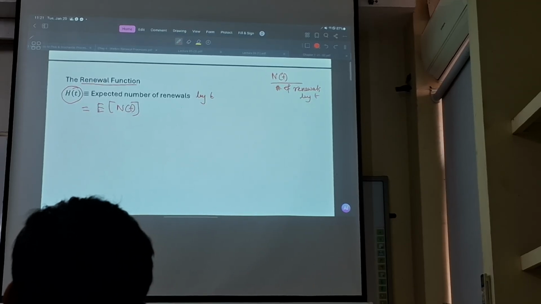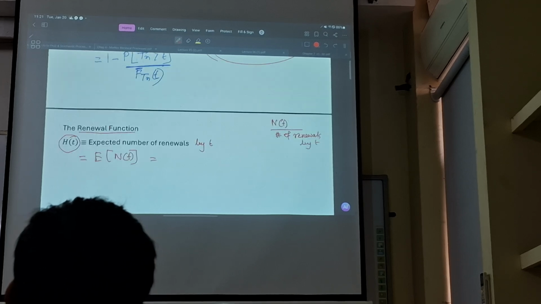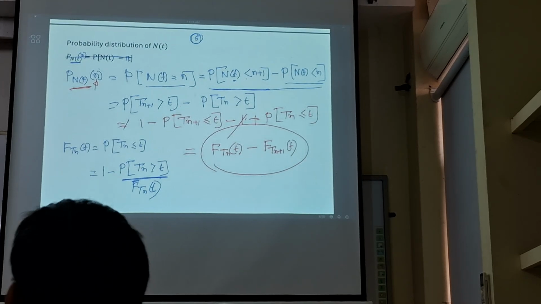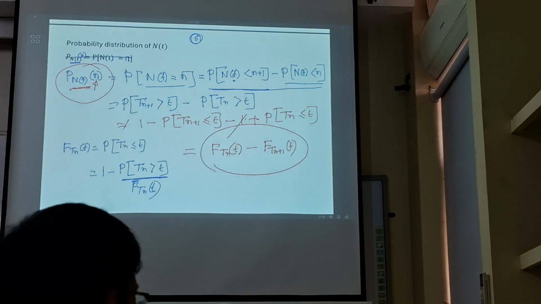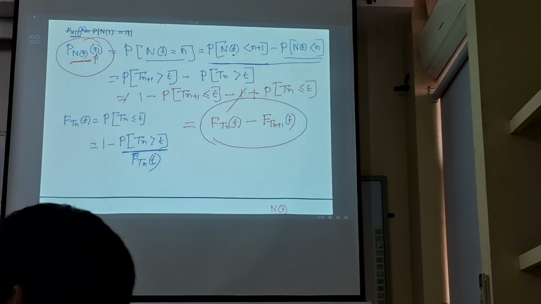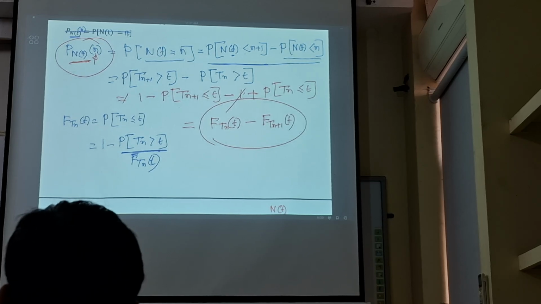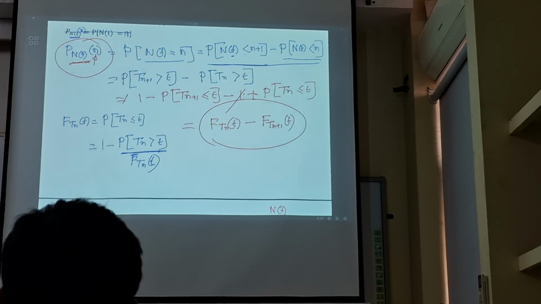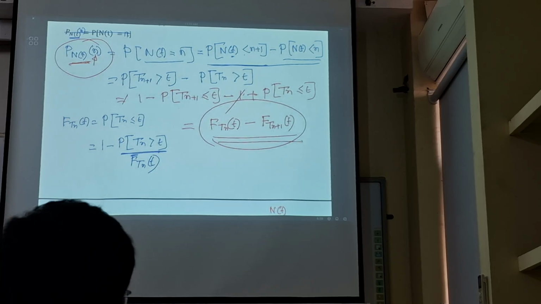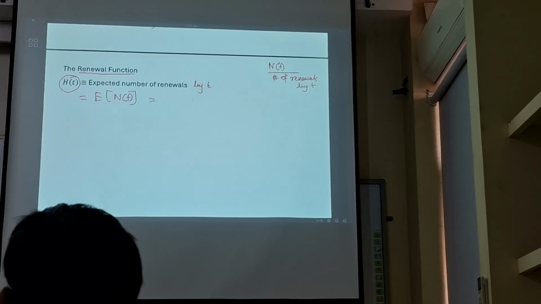Can we calculate this one? We can easily calculate it because we know the PMF, right? The text that we have actually calculates this expected value in terms of this one. But we will use a shortcut and do the same thing.